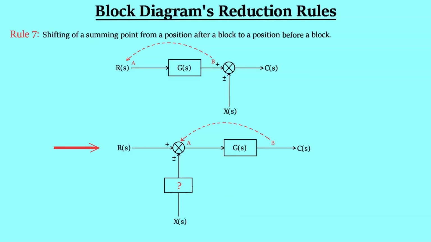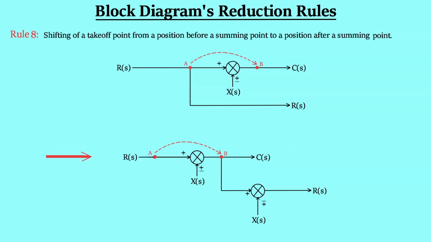Rule 7. When we have to shift a summing point from a position after a block to a position before a block. Once again, try to find the gain within 15 seconds. The answer is 1 upon G. Rule 8.